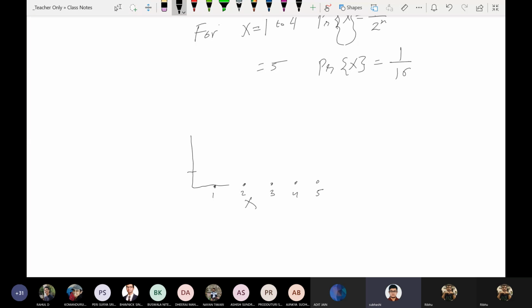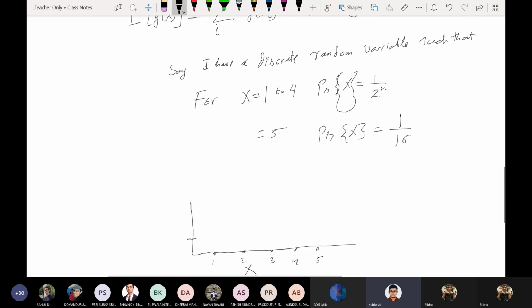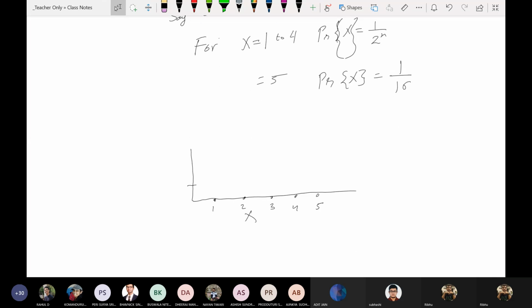Sir, here Pr means probability or PMF? For discrete random variables, probability and PMF are the same thing. Okay. So let's say this is half. This is 3/4. This is something more than 3/4. This is something slightly more. So on. This is 1.